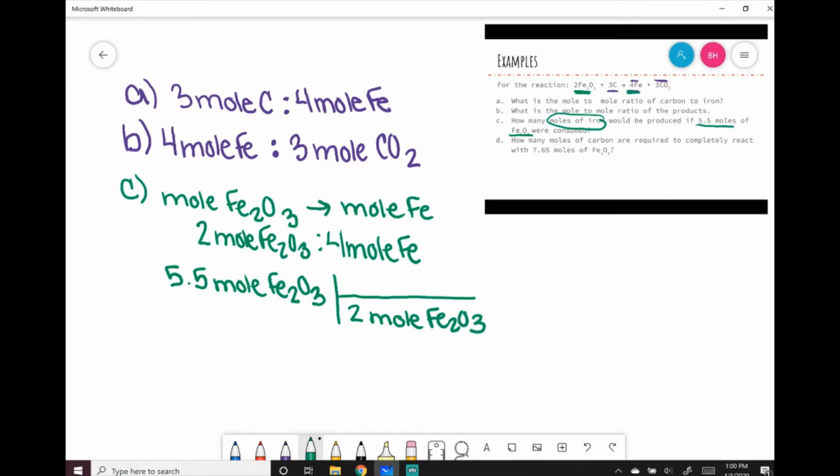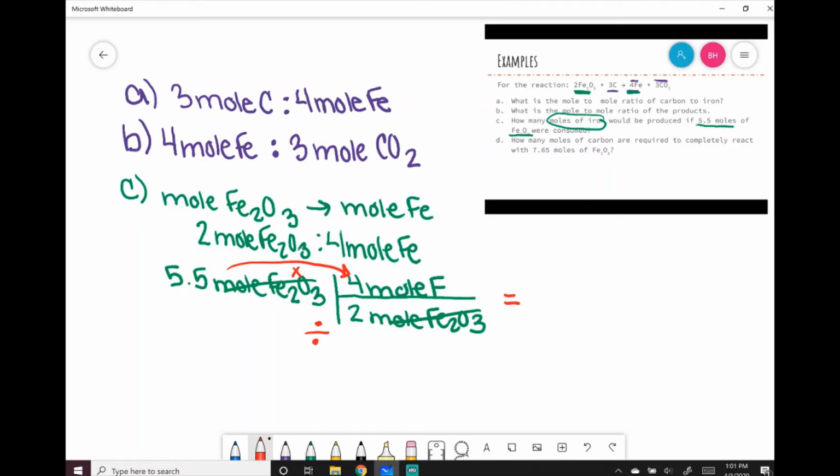That's why I'm going to put that on the bottom, and then my 4 moles of iron on top. When you plug this into your calculator, you want to multiply the top and then divide by what's on the bottom. So I'm going to take my 5.5, multiply that by 4, and then divide that by 2.